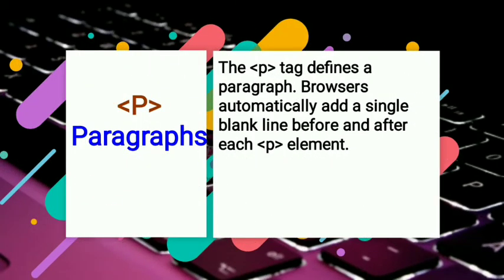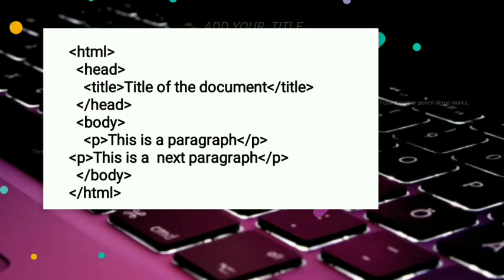Okay, next one is P, paragraph. Already we saw this type of code. The P tag defines a paragraph. Browsers automatically add a single blank line before and after each P element. The code is like: inside the body tag, P, this is a paragraph, close the paragraph tag, and again P, this is the next paragraph.